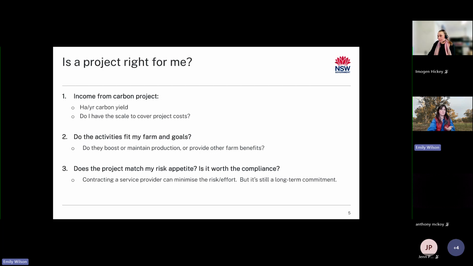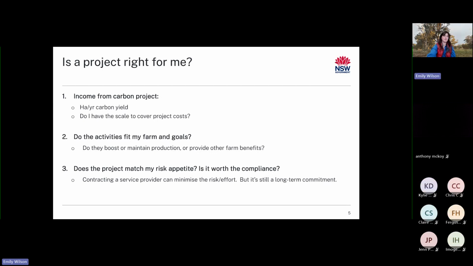And how could a project impact that process? It's a 25-year commitment, so you also need to have a think about succession, have a chat to your kids, work out if they're on board with it. Yeah, so there's a few things to think through, but getting in some of that technical support can also help de-risk the process and the time commitment from you.